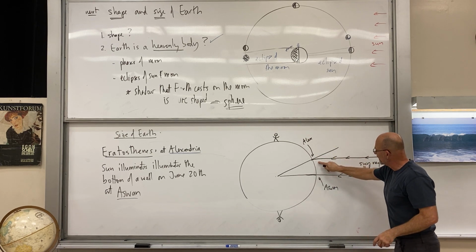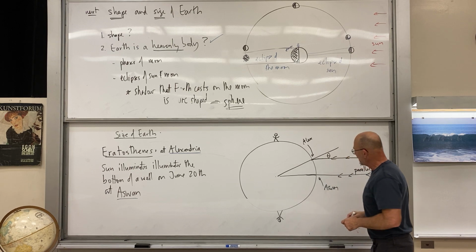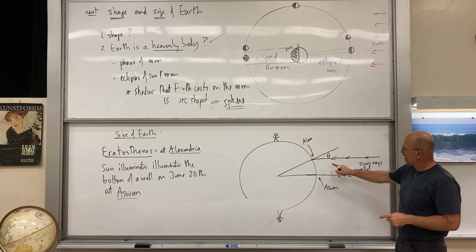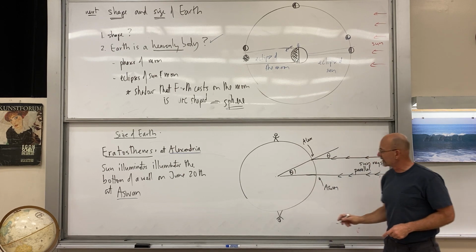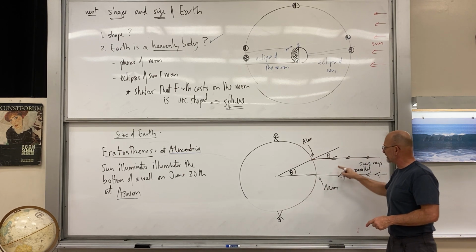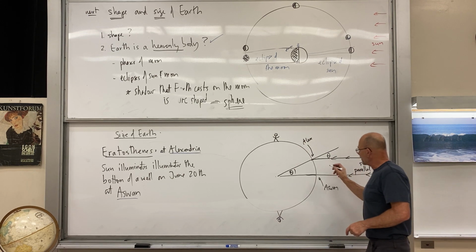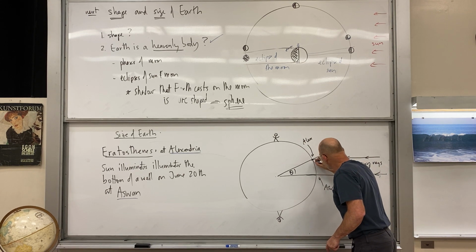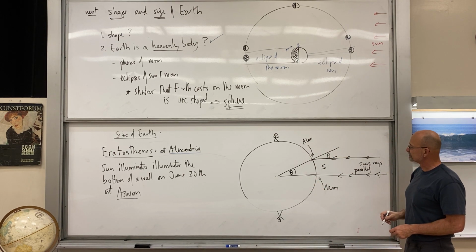Straight up and down, sun forms an angle theta, and by geometry, that's that same angle there, because these are two parallel lines, okay? Same angle theta. And this here is the north-south distance arc we're going to call S.